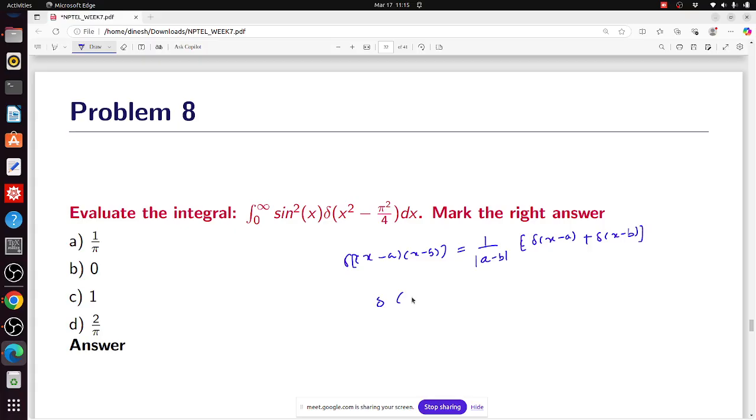So delta of (x square minus pi square by 4) is equal to delta of (x plus pi by 2)(x minus pi by 2). That is equal to 1 by pi times delta of (x plus pi by 2) plus delta of (x minus pi by 2).